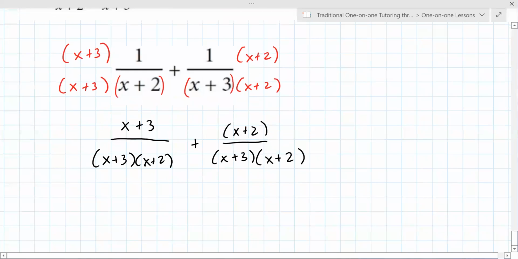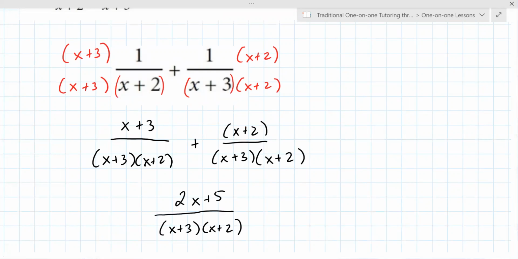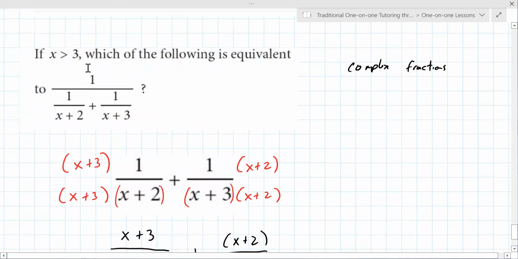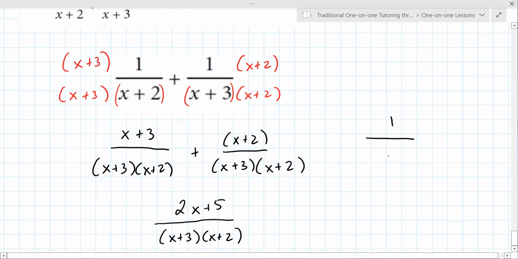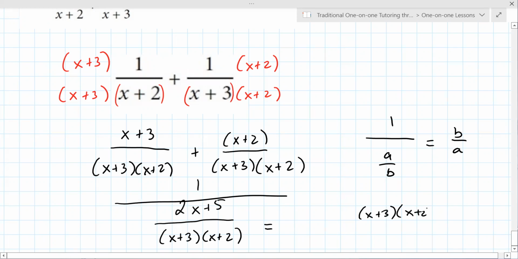And since the bottoms are the same, you can combine the tops. So you get 2x plus 5 over x plus 3, x plus 2. Now, if you go back to the original problem, it asked for 1 over the bottom. So 1 over a fraction a over b, you flip the fraction. So 1 over all this becomes x plus 3, x plus 2 over 2x plus 5. Perfect.